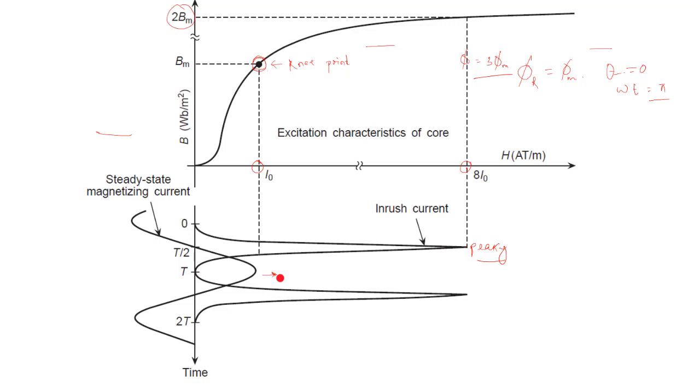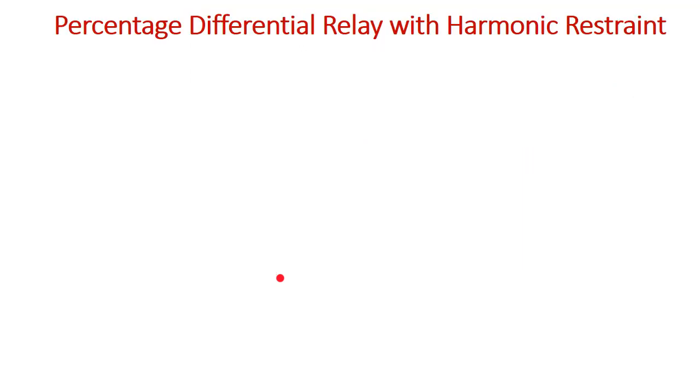If some arrangement can be made in the relay so that it can distinguish the harmonic content, then it can easily distinguish between the inrush current and the fault current.